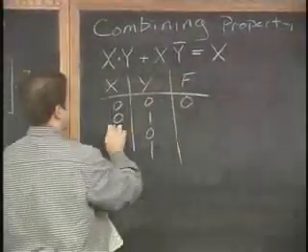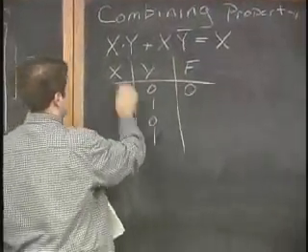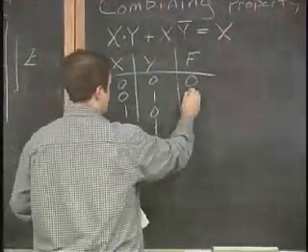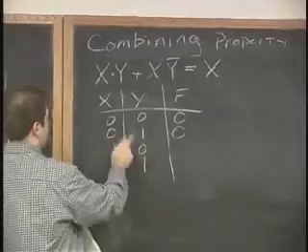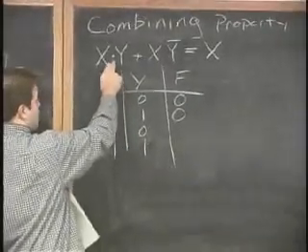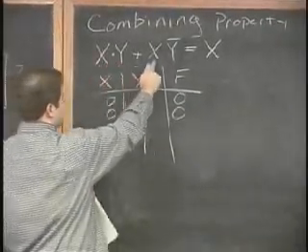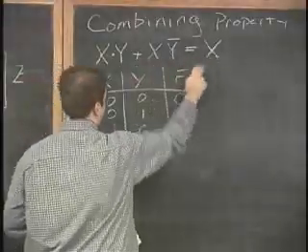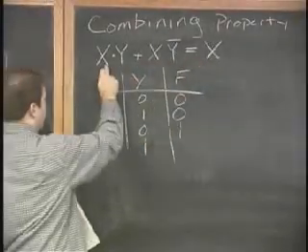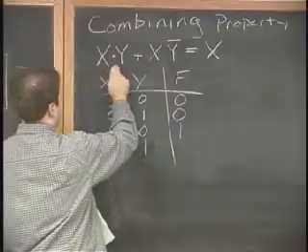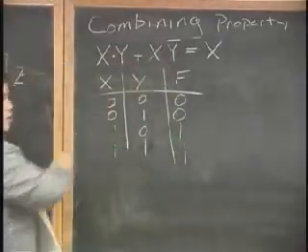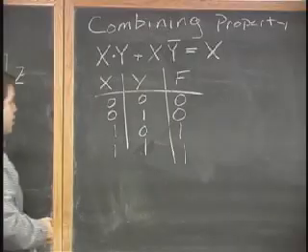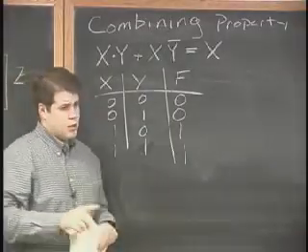If x is 0 and y is 1, they're still both 0. If x is 1 and y is 0, this term is 0 and this term is 1, so it equals 1. And if both of them are 1, we have a 1 here or a 0 here, which is 1. So as you can see, x is replicated at the output.